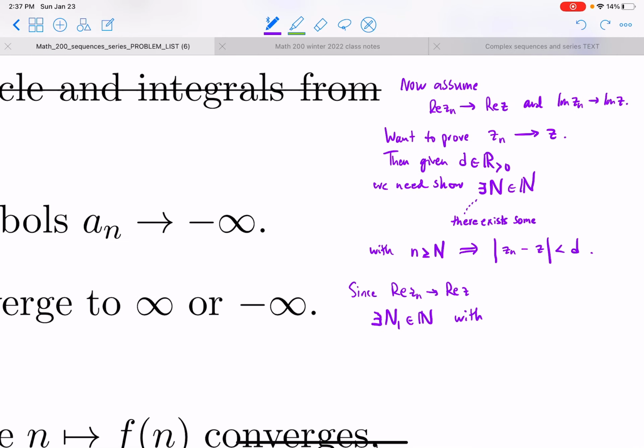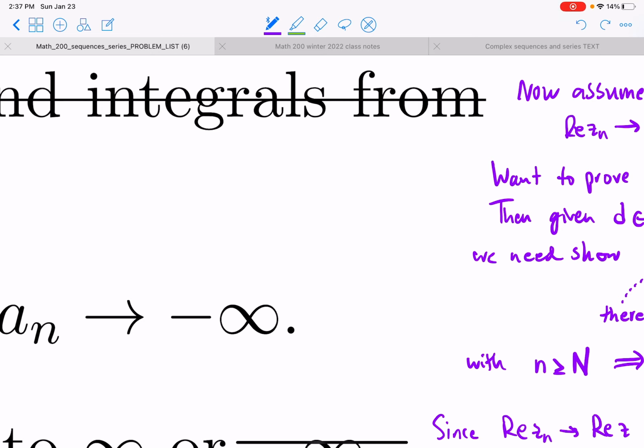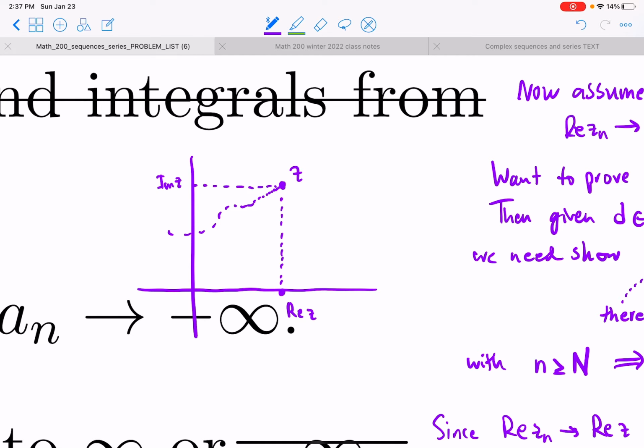Why am I looking ahead? Because what I have in my mind is Z is somewhere, and the Zn's, infinitely many of them, are going somewhere in here. And what do I want to do? I'm going to find that the real parts, here's the real part of Z, and here's maybe the imaginary part of Z over here. The real part and imaginary part of Z are on the horizontal and vertical axes.